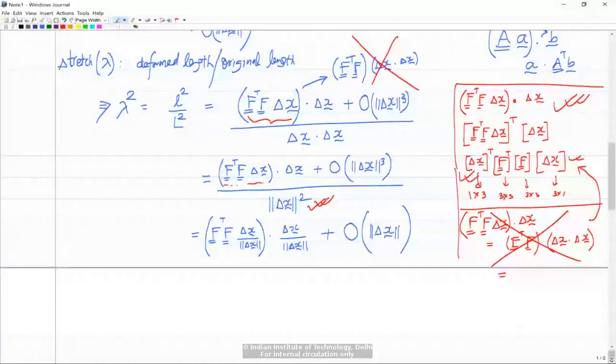You can't write it as delta x F transpose F or F F transpose delta x. When you have a matrix A multiplied by another matrix B, you can't write it as B into A. So sequence is very important. But if it's a scalar, you can move the scalar anywhere. So that's what I have done here. In the denominator you had magnitude square. One magnitude I shifted here, and the other magnitude I slid inside the other delta x.